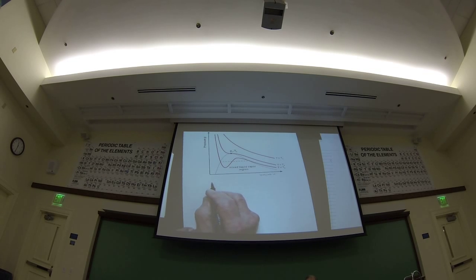And we will learn that we have a liquid, call it A, going into a vapor at constant temperature and constant pressure.